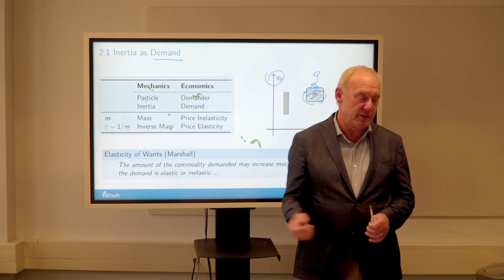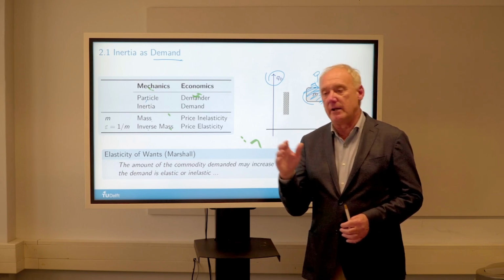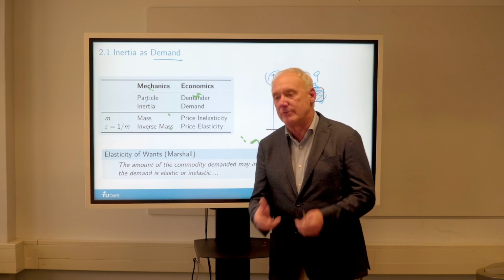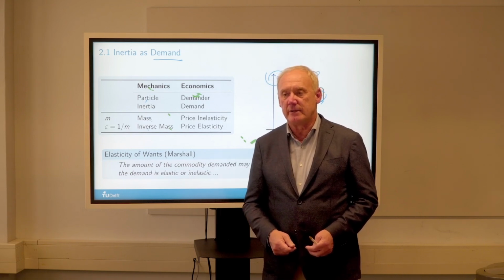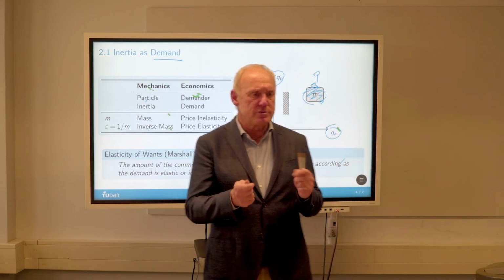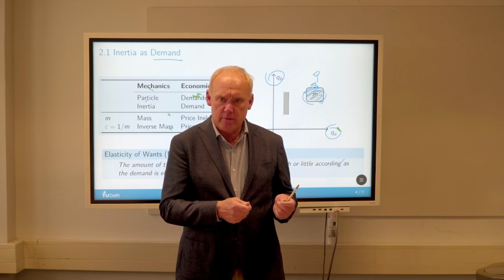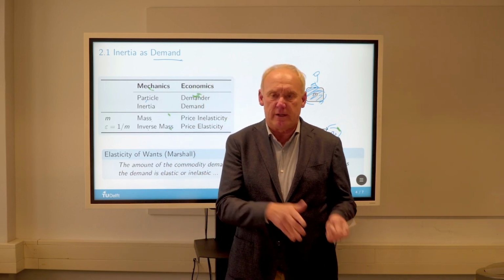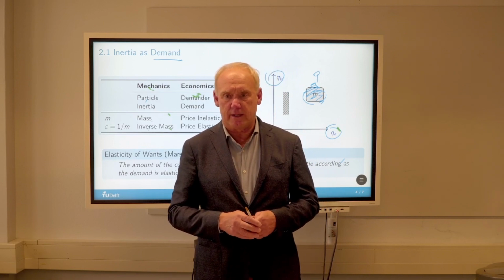Inertia is a phenomenon, and the mass is a measure of the amount of inertia. Often we confuse these two terms, but they are different. Mass is a measure, and inertia is the phenomenon.